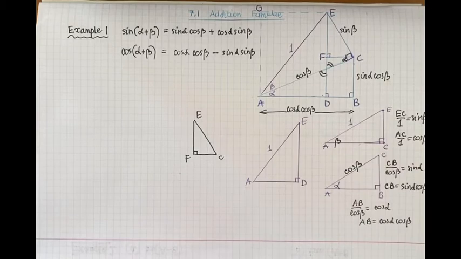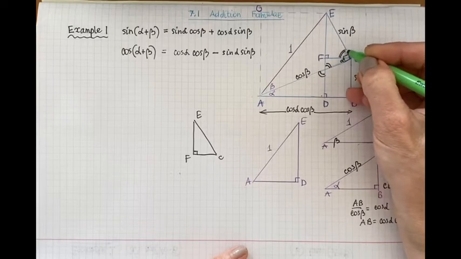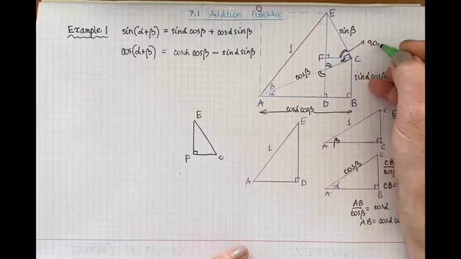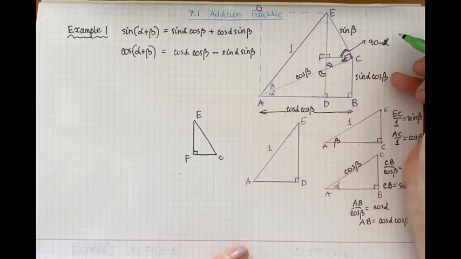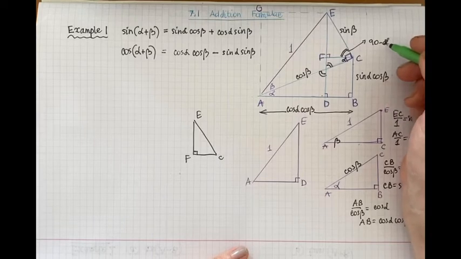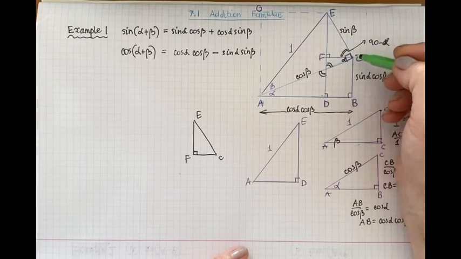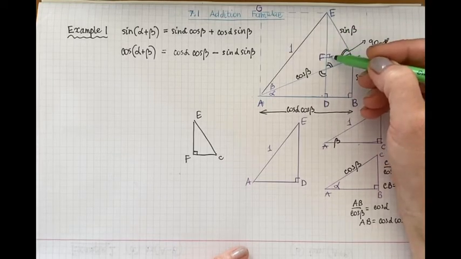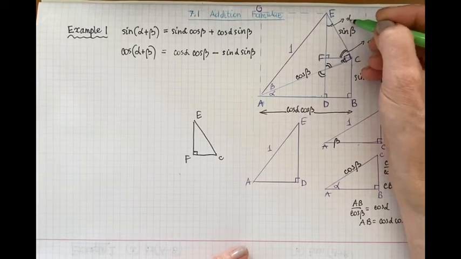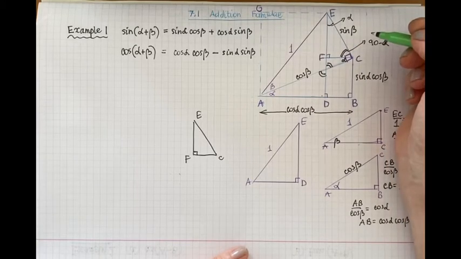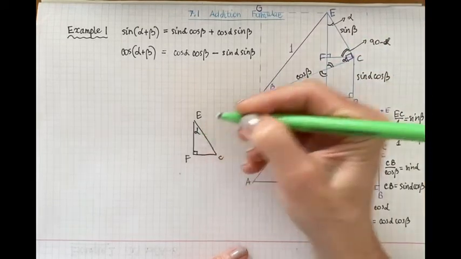So this angle, therefore, is going to be 90 minus alpha, because this angle here, which is ACE, is a right angle. Again, this angle at point F, CFE, is 90 degrees. Therefore the angle here must be alpha. These two in a right angle triangle add up to 90, so if that's 90 minus alpha, this one is alpha. Let me put alpha over here.